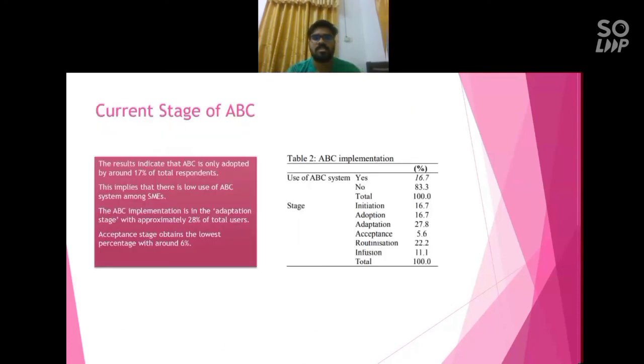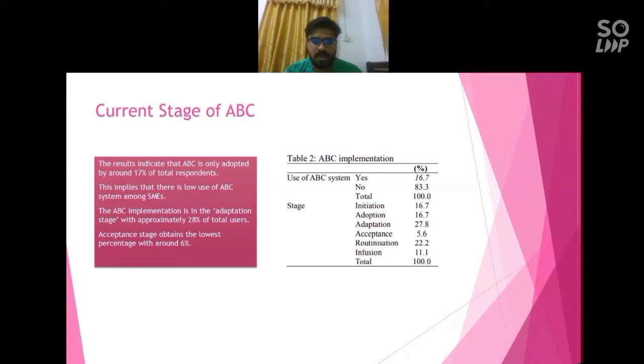Now this is the table which shows the current stage of activity-based costing. In this table, the results indicate that activity-based costing is only adopted by around 17% of total respondents. This implies that there is low use of activity-based costing systems among small and medium enterprises.